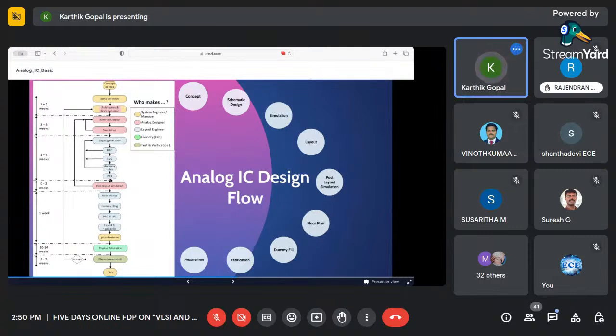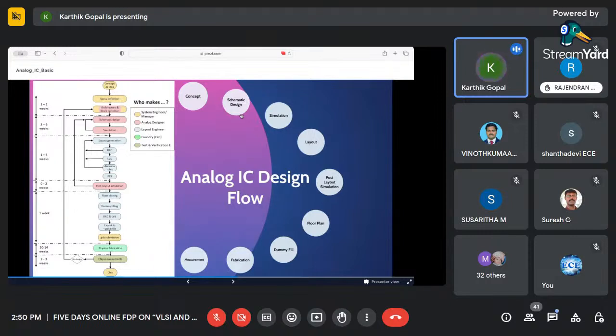So the layout engineer will extract and give the extracted file to you. So again, the analog engineer comes and does the post layout simulation. What is post layout simulation? We have the extracted file and we do the simulation and we see whether this matches with the schematic results. In the schematic, it is your idea, but in the extraction, it is extracted from the real circuit.